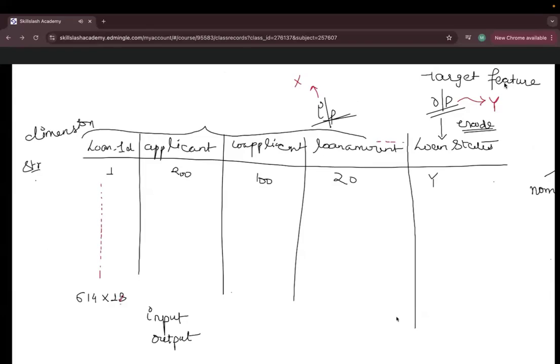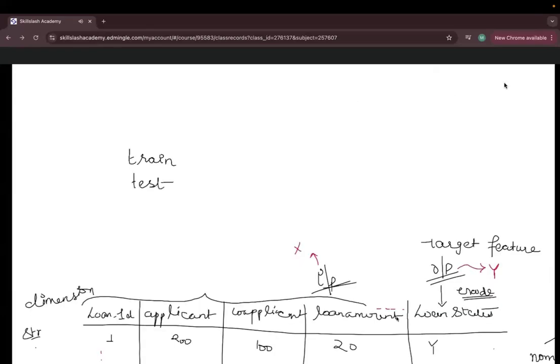Now we have to distribute this data set into the training part, the part which we are going to give to our ML model, from where it is going to learn and try to create patterns. Suppose we have the machine learning model, I am going to give the train data set to my model, and my model will try to create patterns out of it.